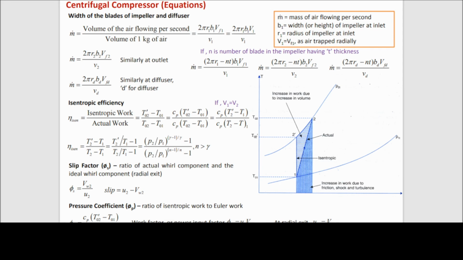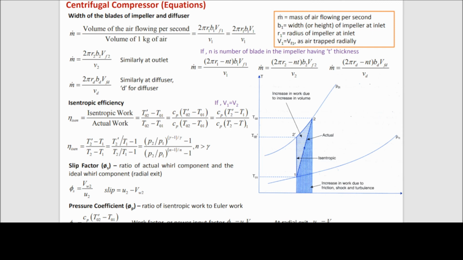2 pi r means, I will draw it and show you. This can be the radius, this is the width of this one, and I have calculated this 2 pi r, and the impeller blade will be like this.